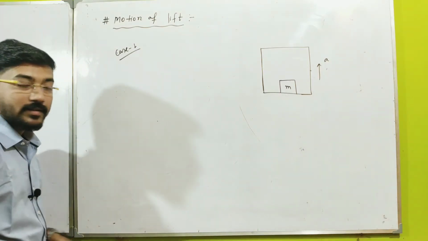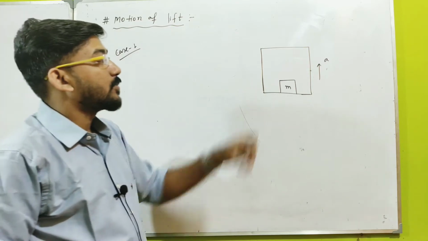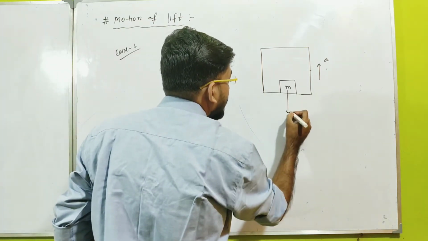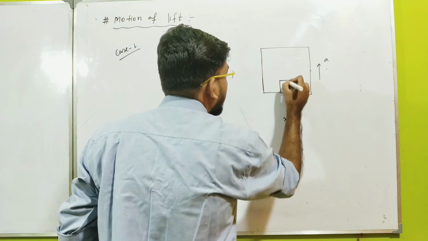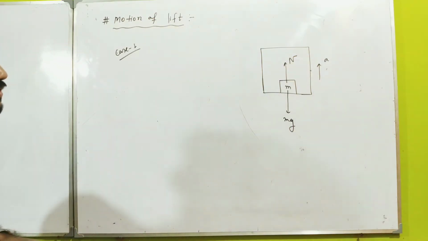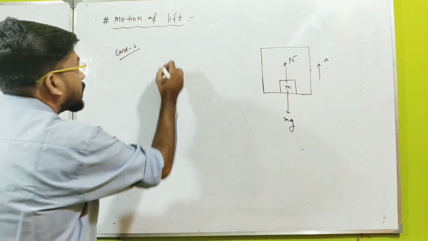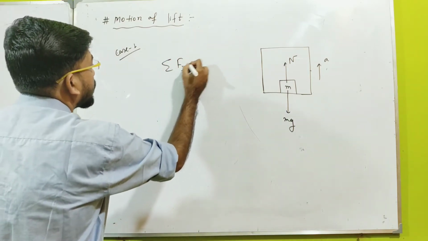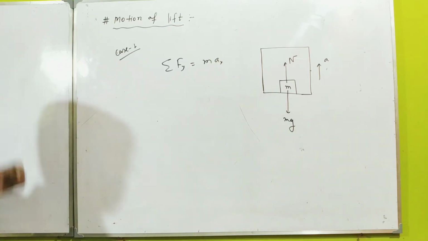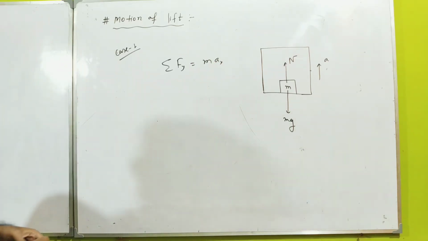Actually, it is the normal reaction that is felt by the object. You can see one force is mg, acting downwards, and the normal reaction N, acting upwards. So what will be the equation of motion according to Newton's law? The equation of motion will be summation Fy equals may, as there is no force along the x-axis.